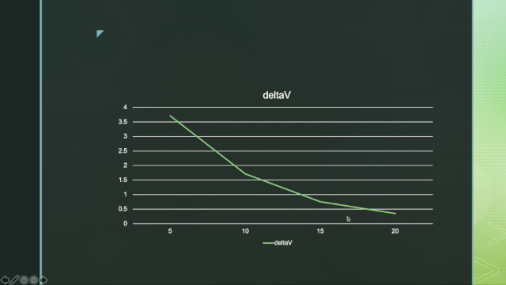And here is a graphed chart of the key value pairs that I calculated earlier with voltage and time. On the bottom, you have seconds that go by, and on the left, you have delta V.